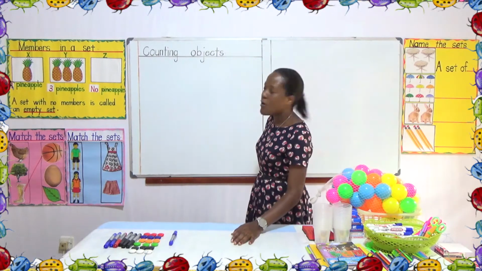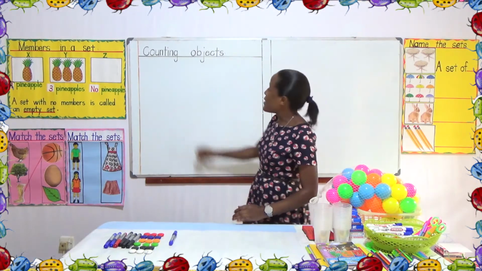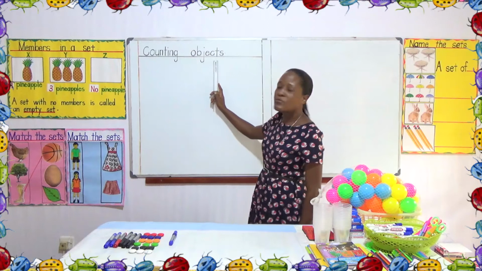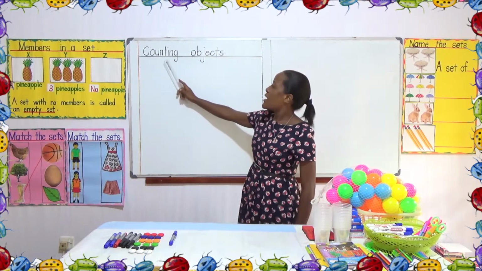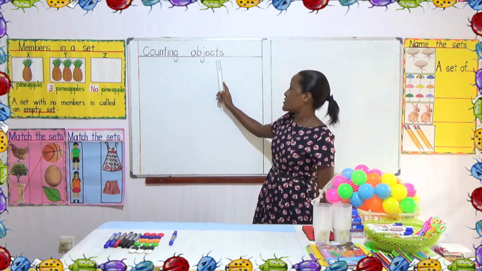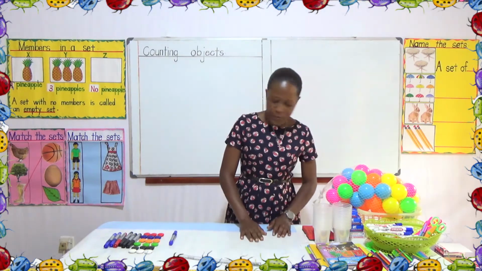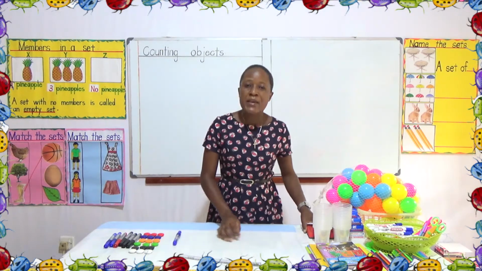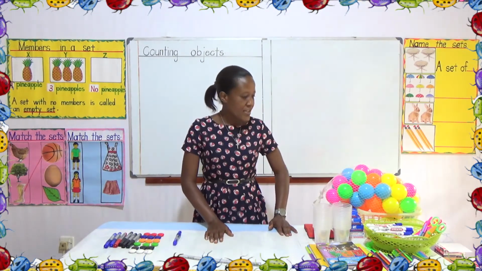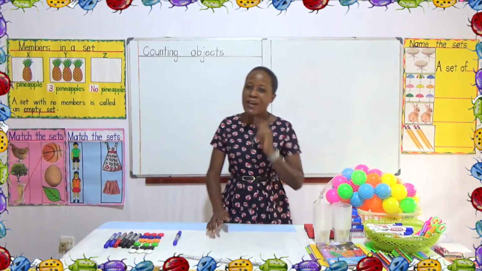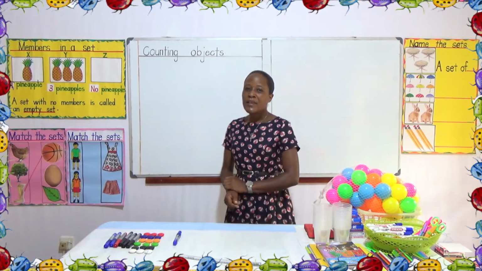So what we have on our board here today? We have counting objects. Everybody say, counting objects. Counting objects. Now, let's remind ourselves of the numbers first. Can we count together from 1 to 10?